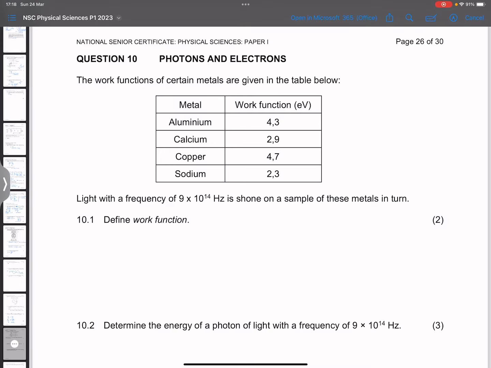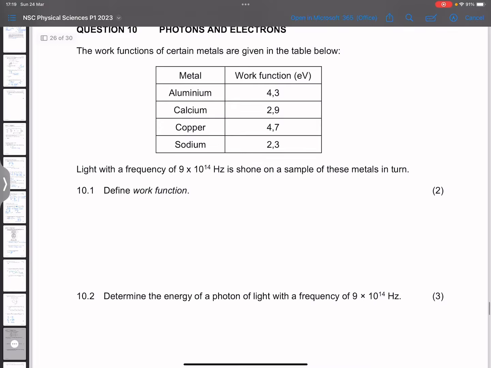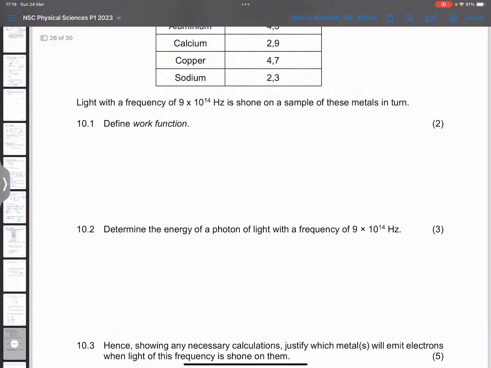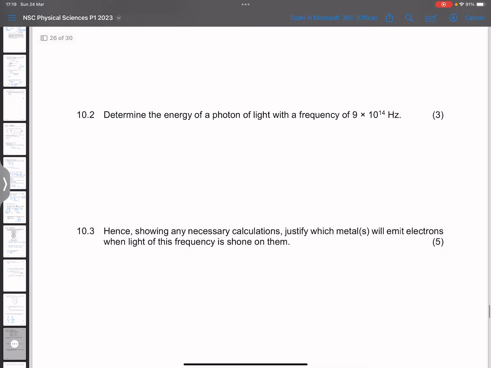They say light frequency of 9 times 10 to the power 14 is shone on a sample of these metals in turn. They say define work function. So we know that this is the minimum energy required to emit electrons from a metal surface. I'm not going to write that down, but I know that you will get it.